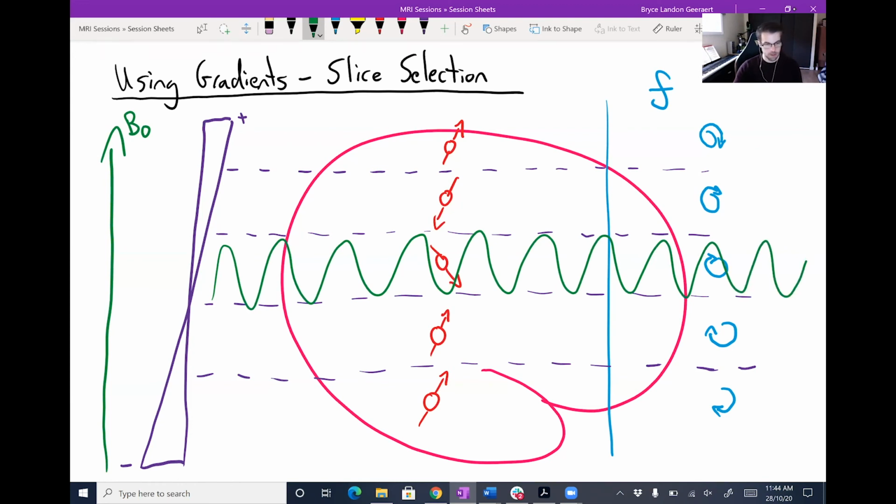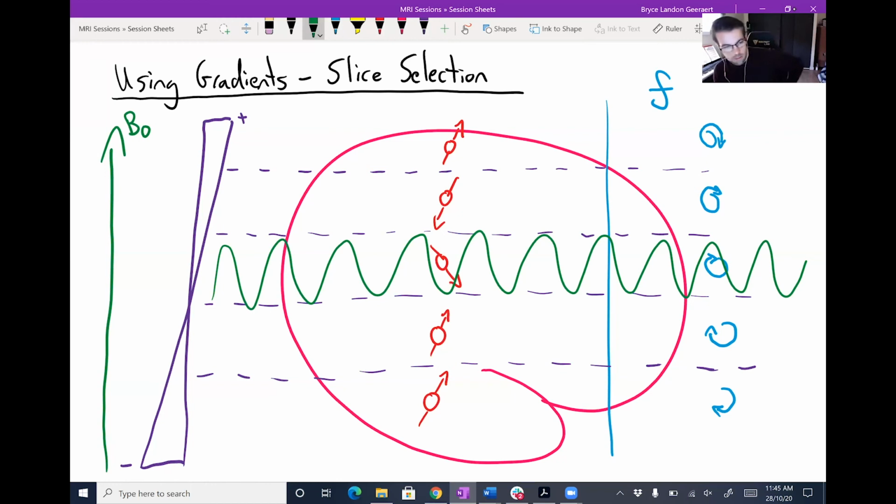Does that make sense? If we apply the B1 field at the resonant frequency for our middle slice, the protons above and below are spinning faster or slower, so our B1 field isn't really affecting them as much.